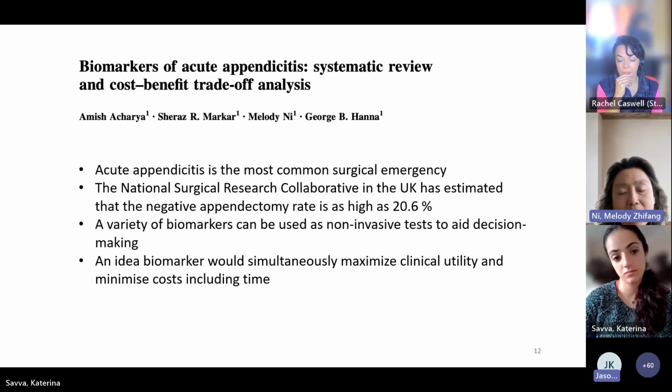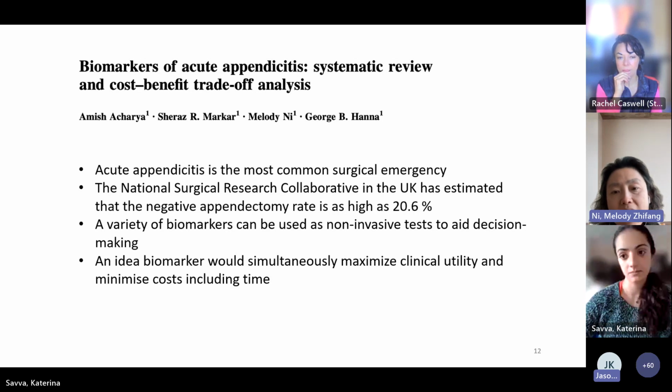So it has a huge impact on the patient's life, as well as the cost to the NHS. So the inspiration is: can we improve diagnosis? There are a variety of biomarkers that can be used to achieve that. An ideal biomarker can simultaneously maximize clinical utility but minimize costs as well as time, because time here is crucial.